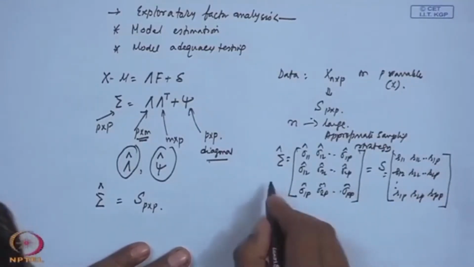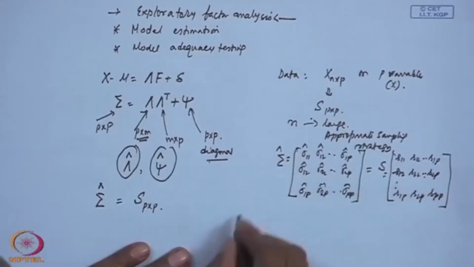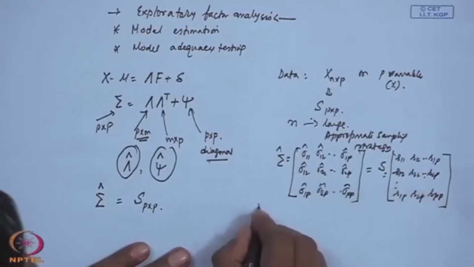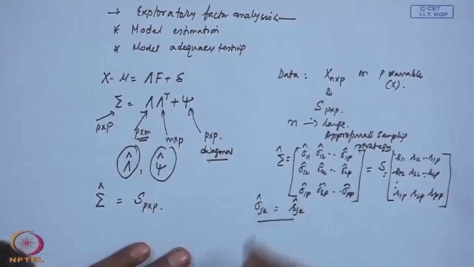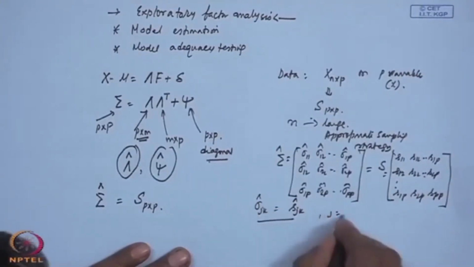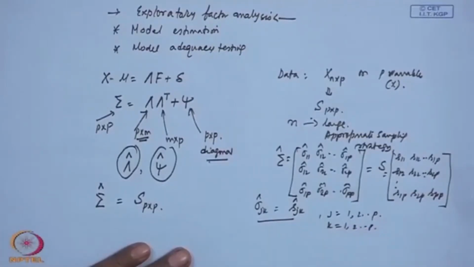Correct? So in general, the estimate of sigma jk is sjk for j equal to 1 to p, k equal to 1 to p.